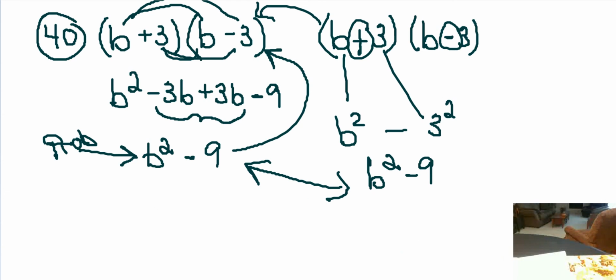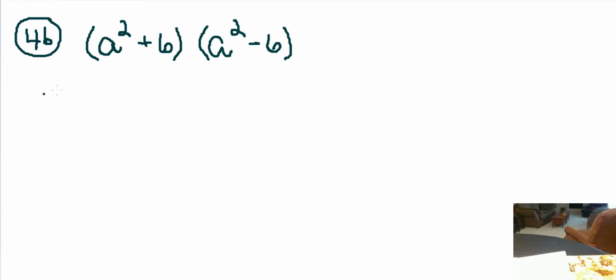Okay. All right. And is there another one here? That was number 40. And how about 46? Let's try 46 here. Okay, here it is. So I got the sum and difference of the same two terms. So I can take this a squared, I can write it out too, take your time so you fully understand it.